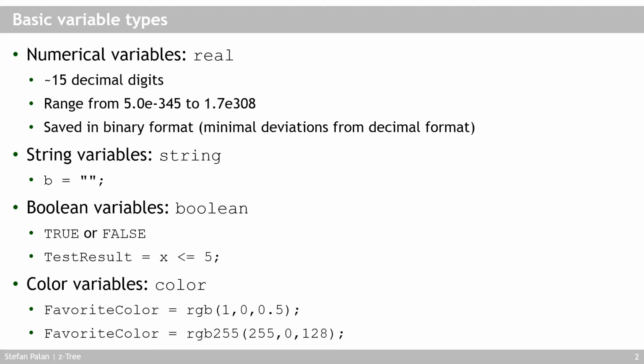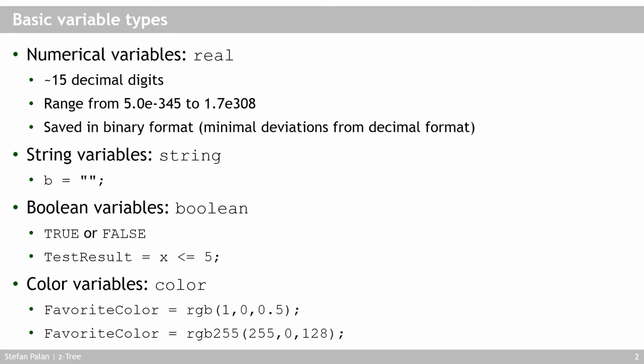The first, and the one that is used most often, is a numerical variable. Now, it offers a lot of precision, 15 decimal digits, and so on. The important thing maybe is that it's saved in binary format, which means that there can be minimal deviations from decimal format.